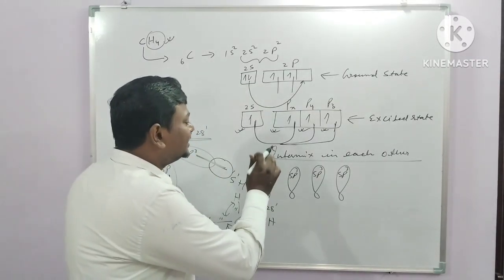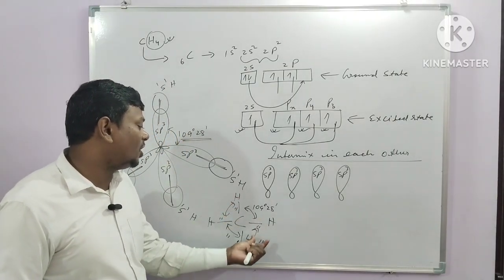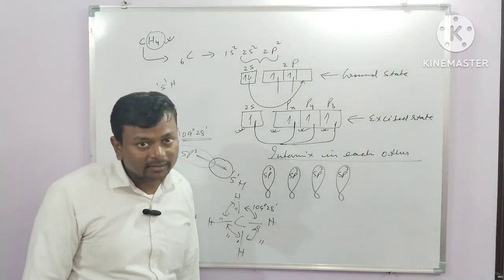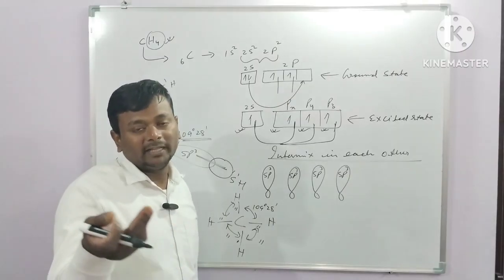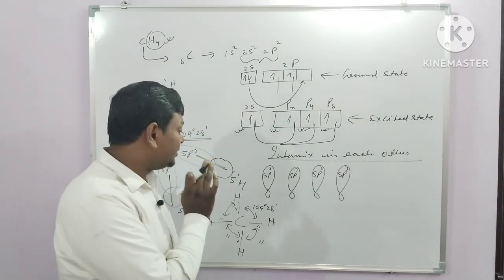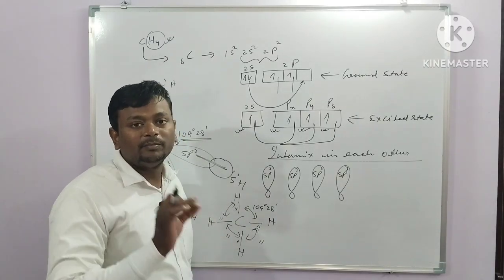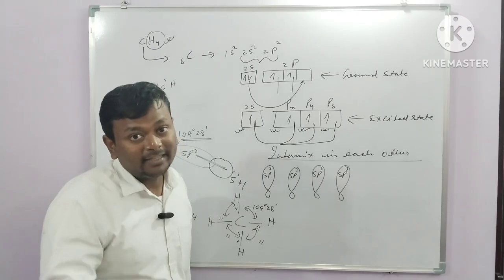This is how the hybridization concept tells us why all these bonds are the same in length, which is not explained by VBT. Okay, so this is the beauty of hybridization. It explains the bond properties of methane, that they are all the same.